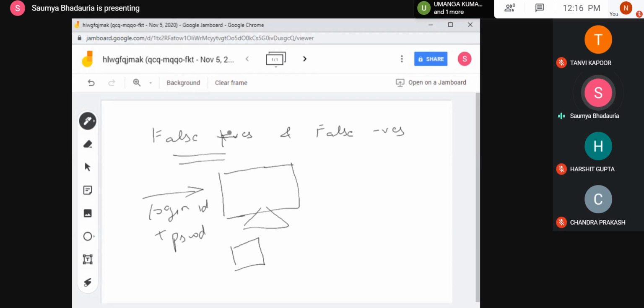Okay. Now, there are some cases involving an authenticated user. When would a user be a proper authentic user? When his login ID and password correctly match, this combination correctly matches, and it is stored in the system.